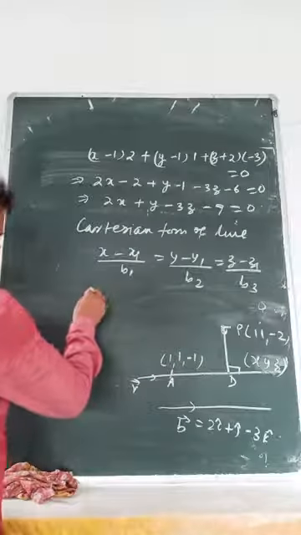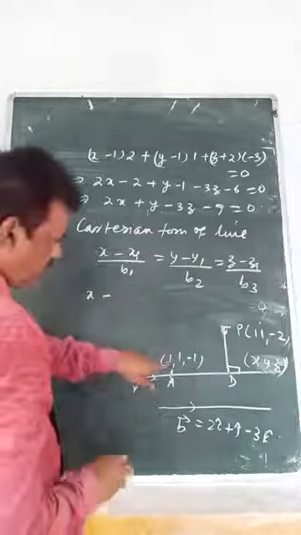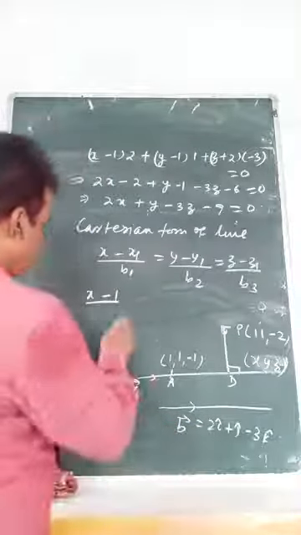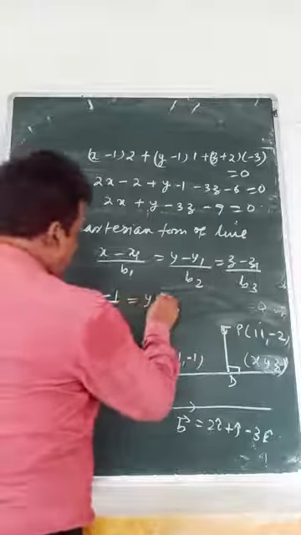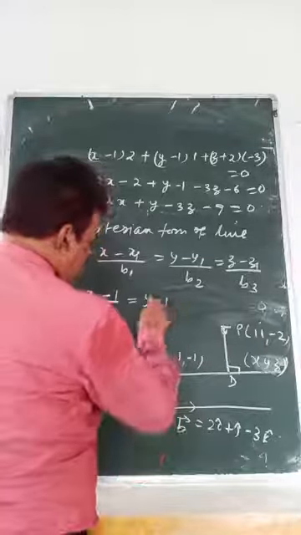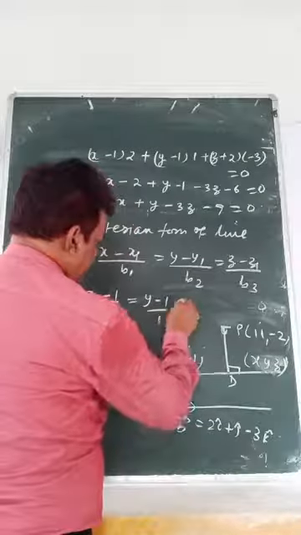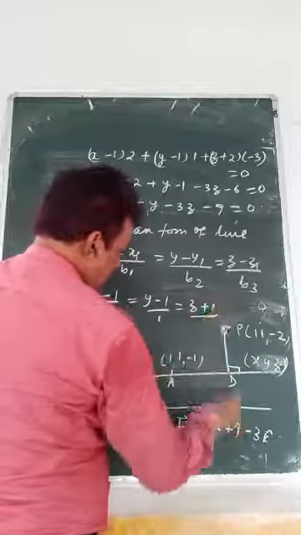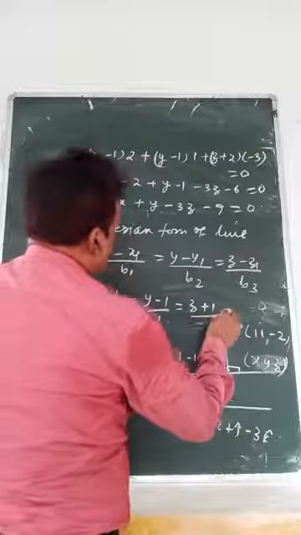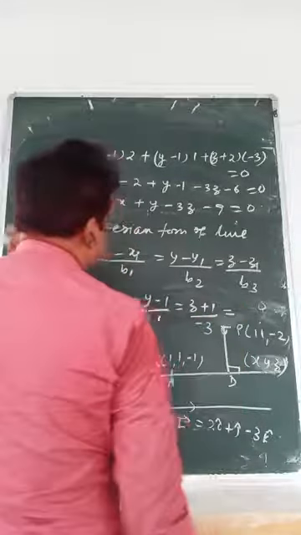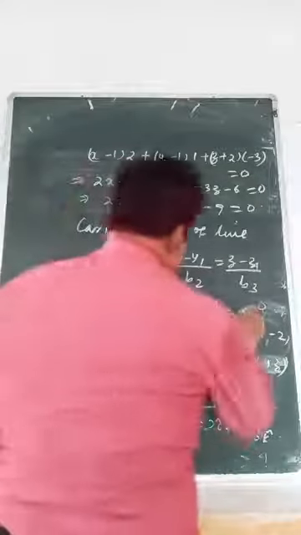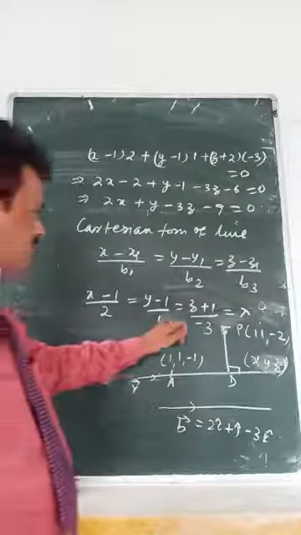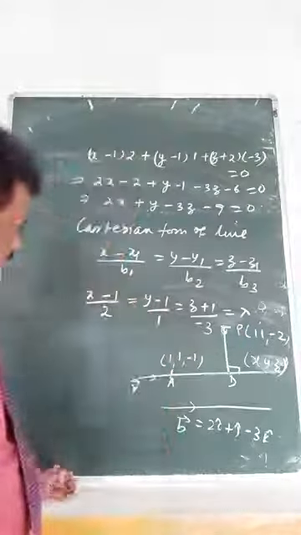So x minus x1 means x minus 1, by b1, b1 means 2. y minus y1 is y minus 1, by 1. z minus, means z plus 1, by minus 3, equals lambda. Okay, now I can write this.